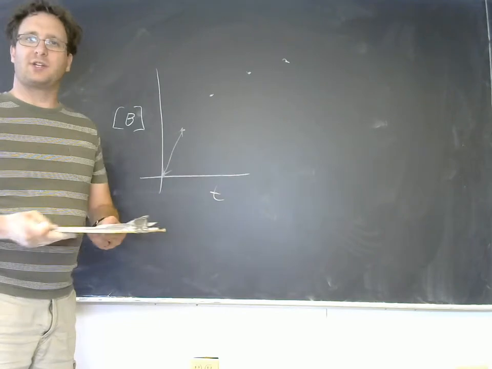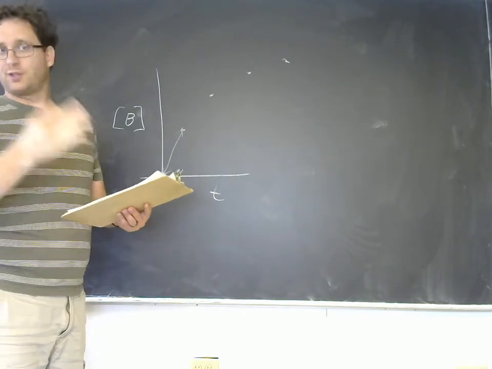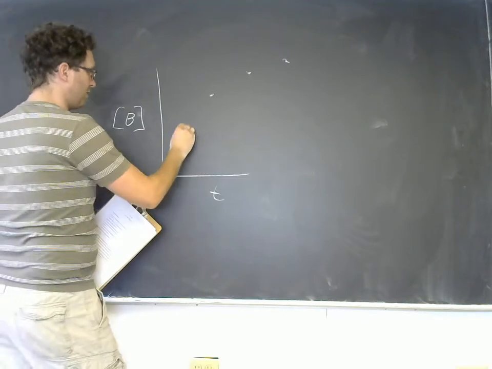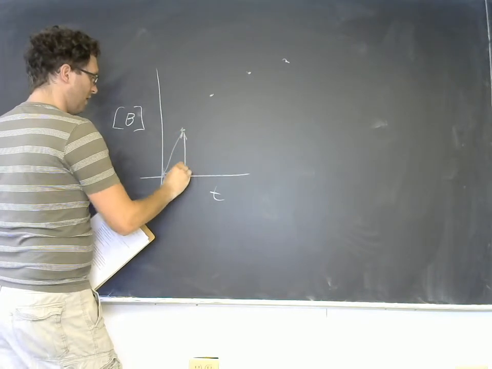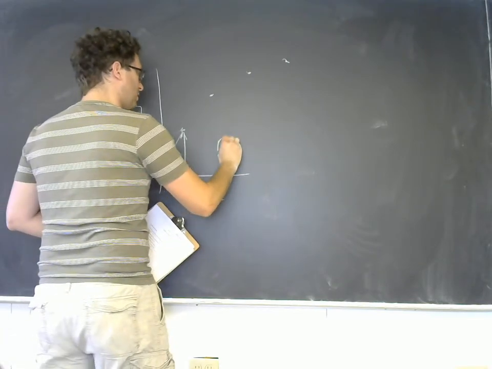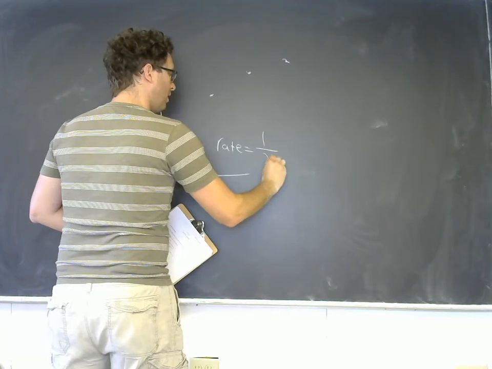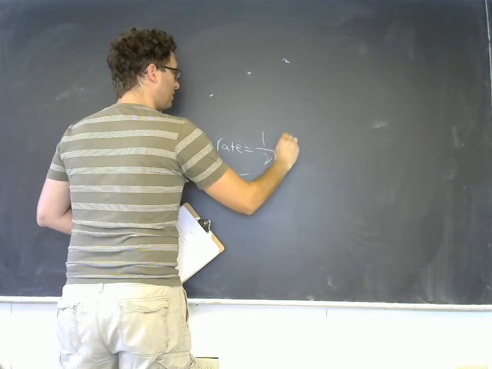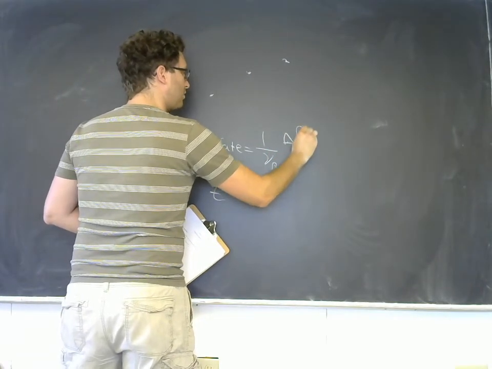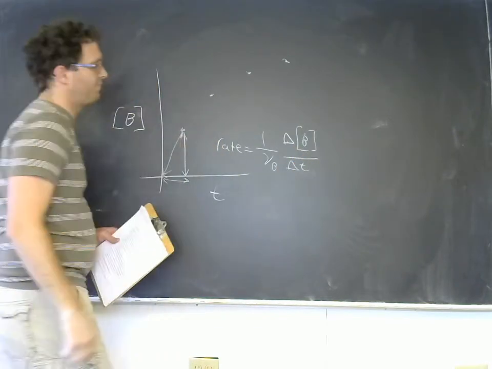We actually did an example of that in our last lecture, where we said, well, how much has the concentration changed? How much has the time changed? And you put it into the equation that the rate is equal to 1 over nu B times delta concentration of B over delta T.